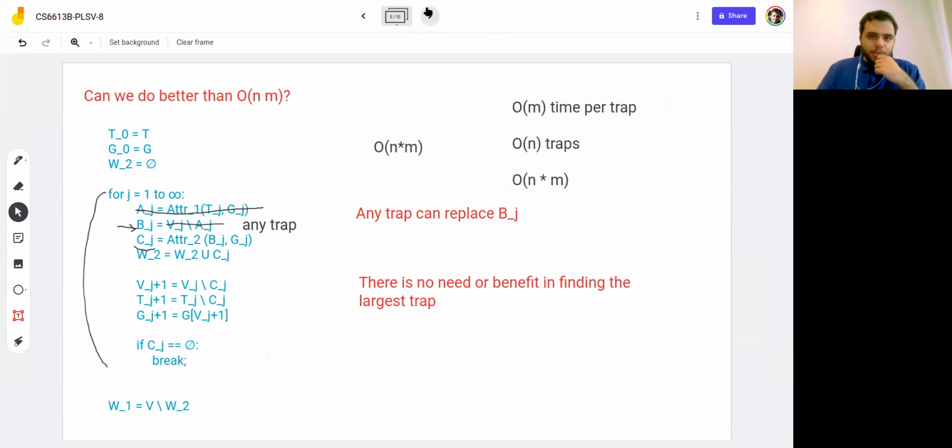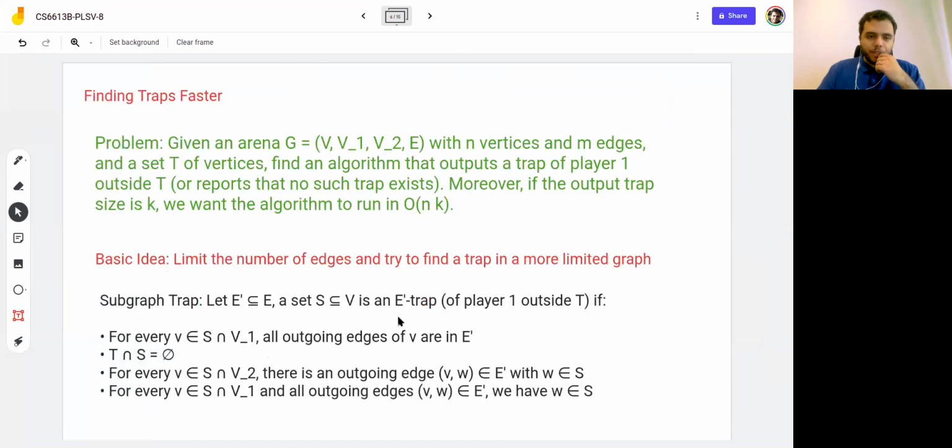So in other words, if I have a way of computing traps much faster, then I will be able to find a much faster algorithm for Büchi. And in order to find an algorithm that is order n squared, what I actually need is this. I need to be able to compute a trap of size k in a runtime that is order nk.